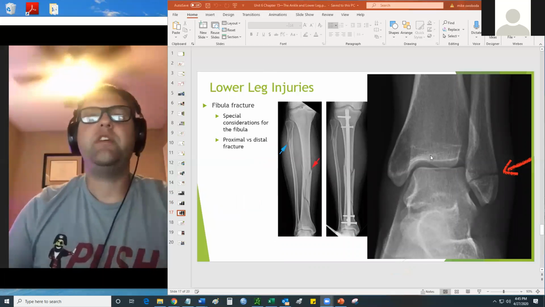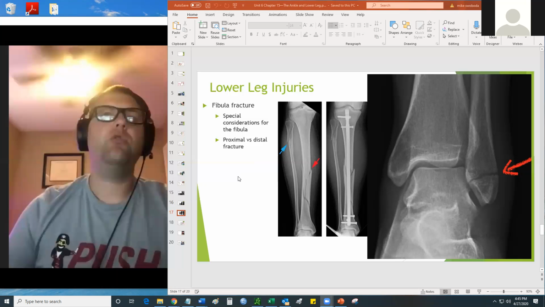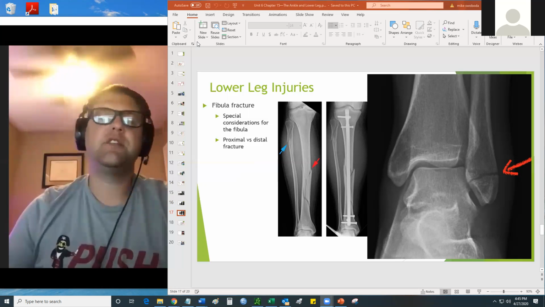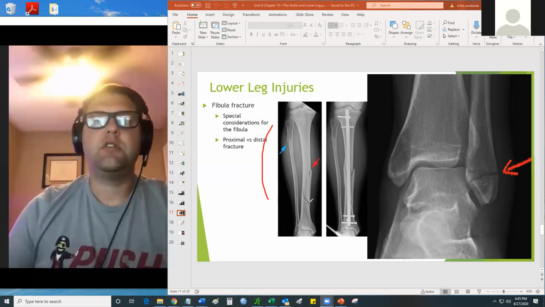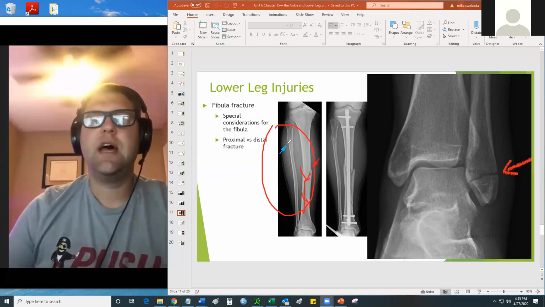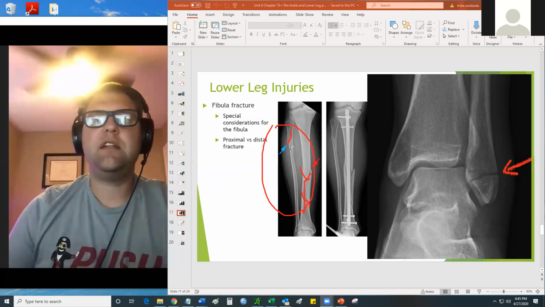With the fibula, like I said, it usually only gets major things done to it if it's a nonunion fracture. So you look here, and this is a multi-faceted fracture of the tibia, and then the fibula looks like it's a bit of a spiral fracture.